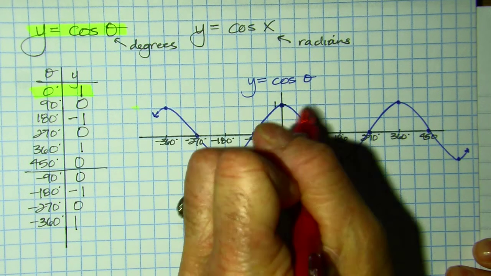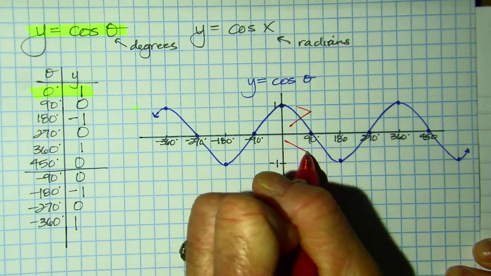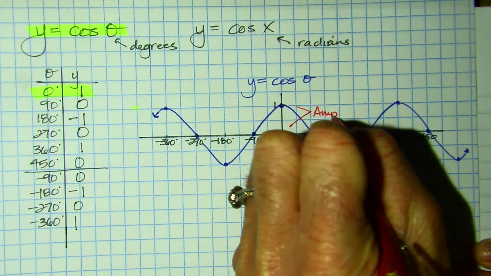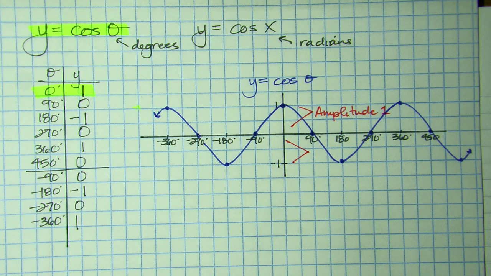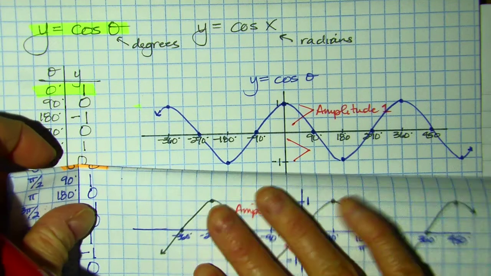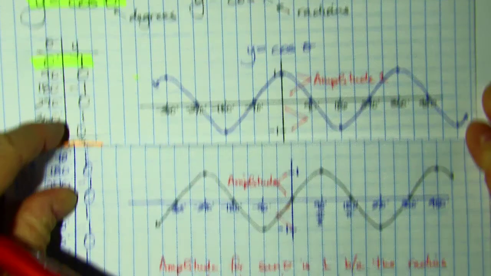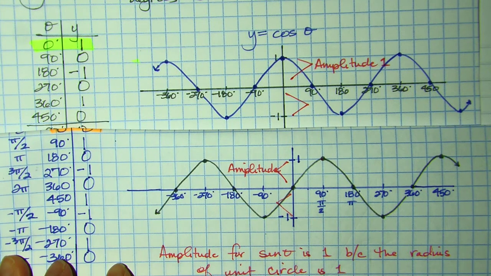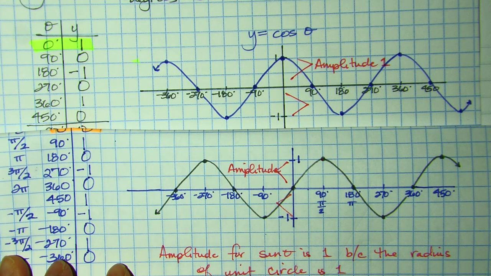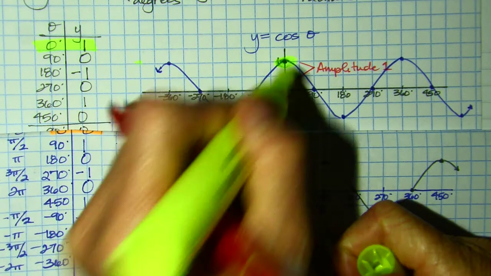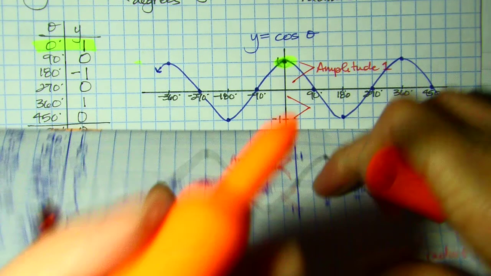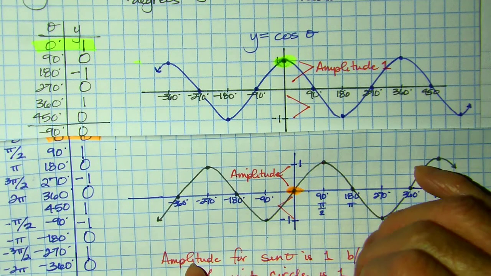Notice again, my amplitude is still 1 because the radius of my unit circle is 1. Okay. I also want you to notice the graphs of the two. We use the same degrees, we have the same amplitude, just note it, and they have the same shape, they have the same pattern. The difference is our starting point. Cosine starts at 0, 1. Sine is at 0, 0.